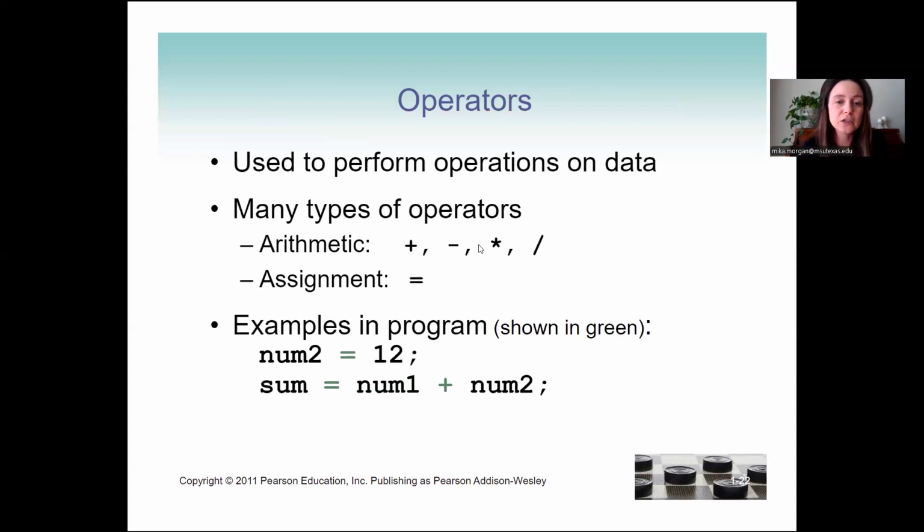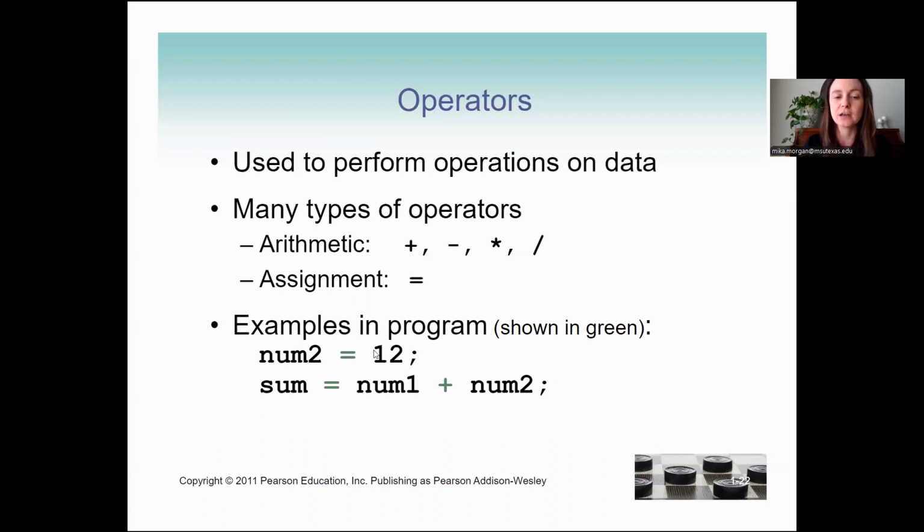Mathematical operators that we can do are add, subtract, multiply, divide. There are others that we'll learn about in week 3. And then this is the assignment operator. So in C++, and honestly, in most programming languages, the equal sign is not going to be the equal sign. The equal sign is going to be the assignment operator, and it's going to say, go solve whatever is over here on the right hand side.